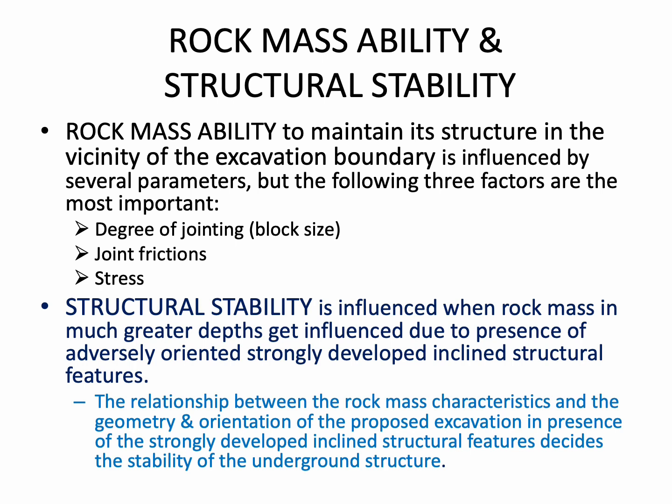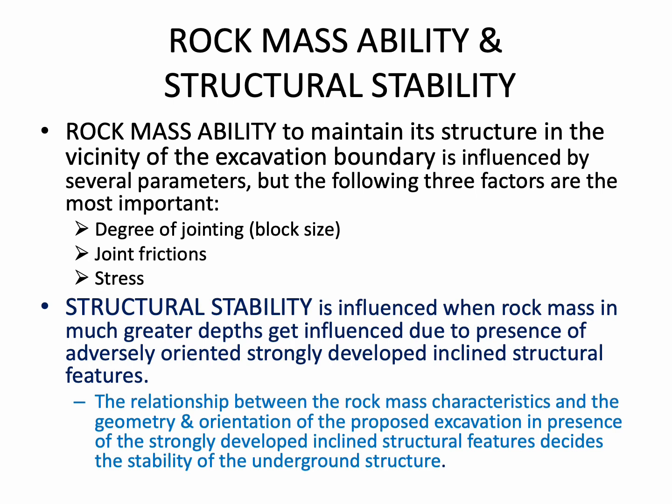Rock mass ability to maintain its structure in the vicinity of the excavation boundary is influenced by several parameters, but the following three factors are the most important. That is degree of jointing, that is the block size, the joint frictions, and the stress present in the rock mass.